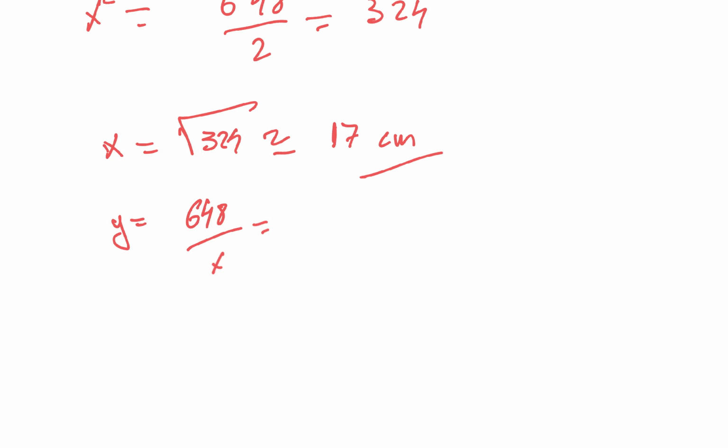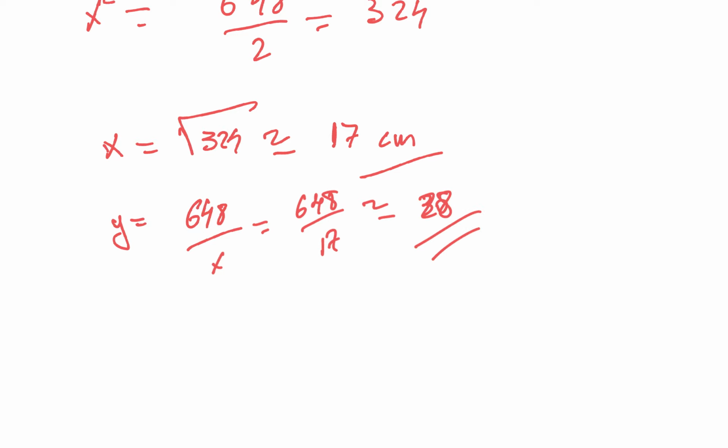By 17. 648 divided by 17. And this is approximately how much? 10 times is 200, 30 times 20 is 600, maybe less, maybe 28.